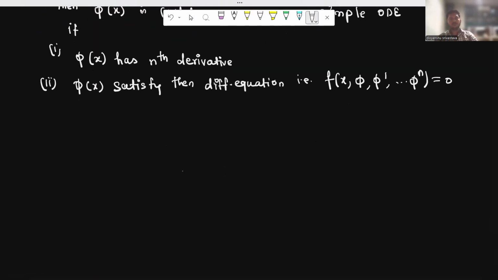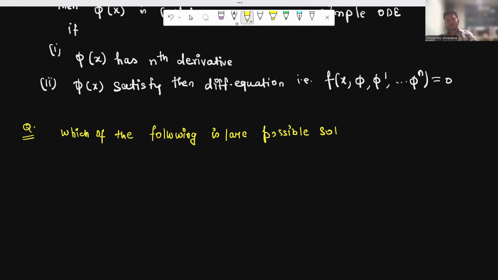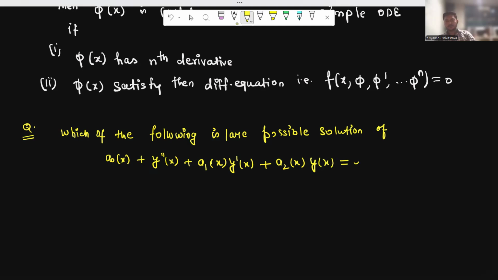Now I have one question based on it. Which of the following is a possible solution of a0(x) y''(x) plus a1(x) y'(x) plus a2(x) y(x) equal to 0, where x belongs to R?